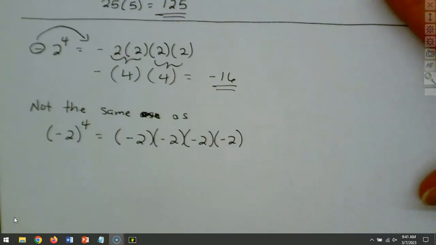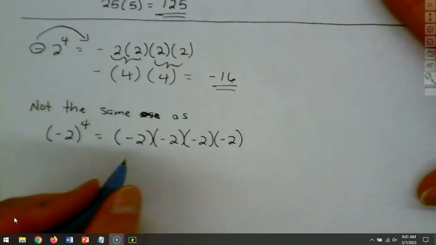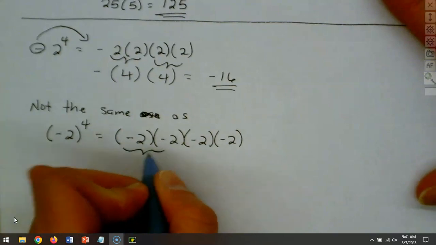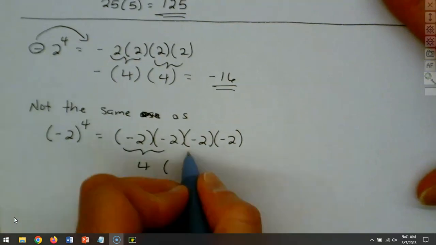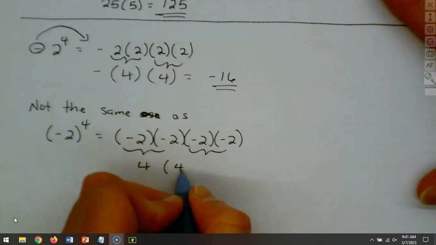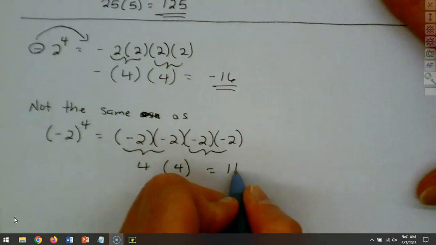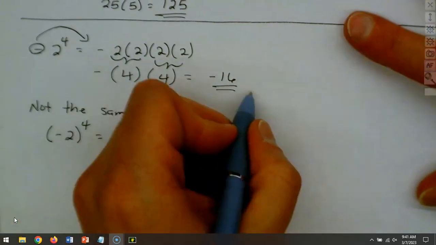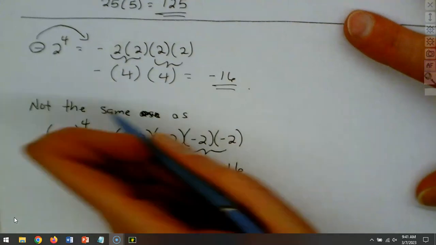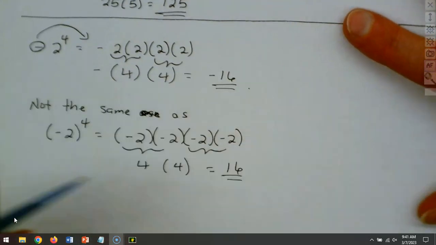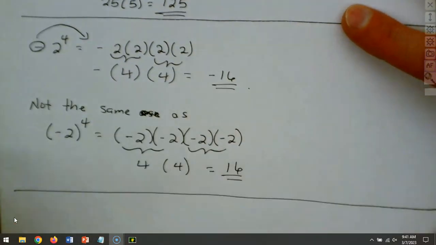So this is not the same as what we had before, because negative 2 times negative 2 is positive 4. Negative 2 times negative 2 is positive 4, and then that comes out to be 16. And as you can see, these are different, right? Okay, these are not the same. Why are they not the same?